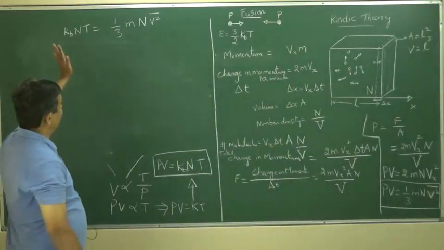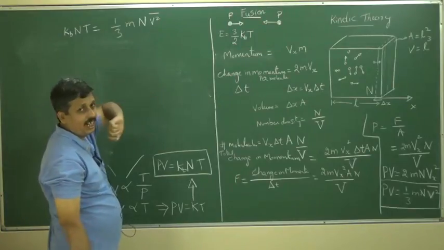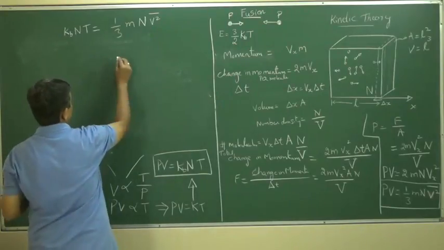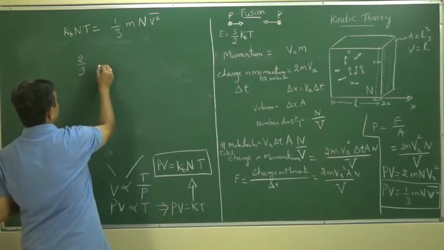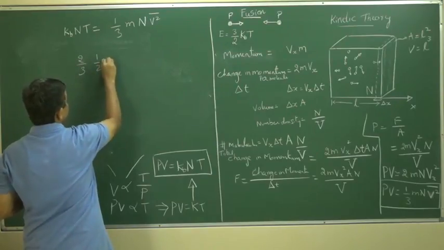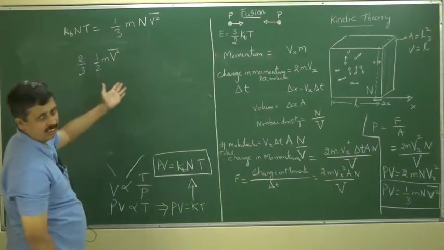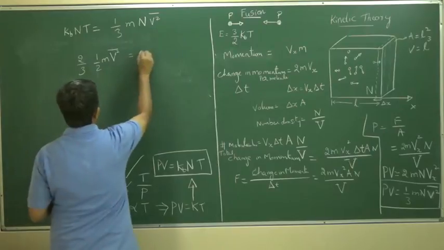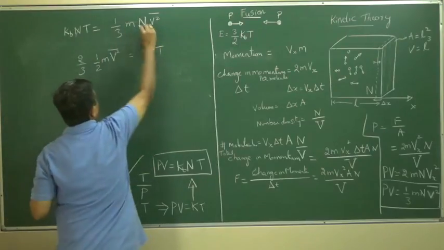So now N gets cancelled. Now 1 by 3 mv square, I will write it as 2 by 3 times half mv square. So this 2 gets cancelled, it is 1 by 3 mv square only. On the right side I will get kB into T, because N got cancelled anyway.